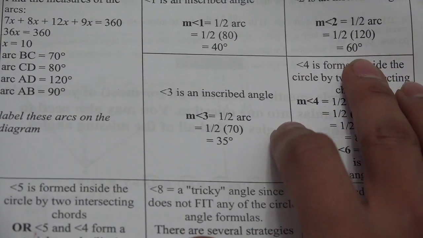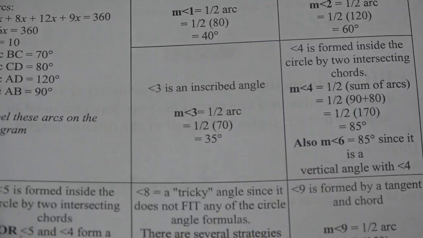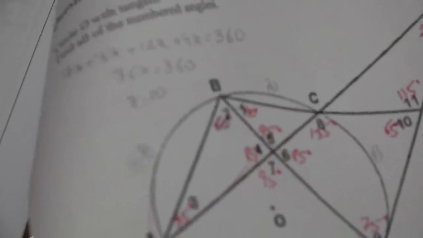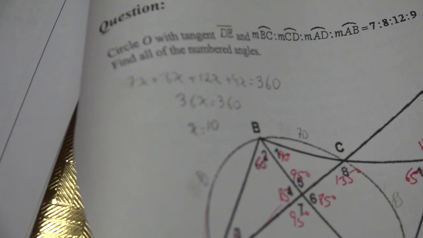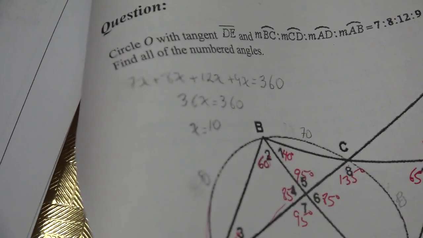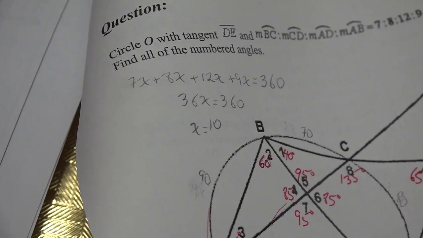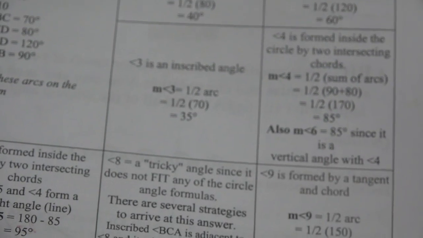Angle 2 is 60 right there, you see that? That's cool, right? Then you have the other measures. And basically here, when I did this explanation, I might have taken a different approach, but the measures are accurate.